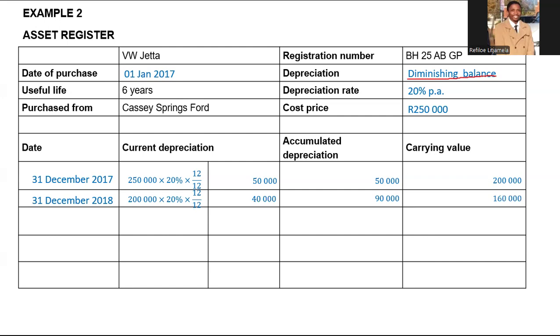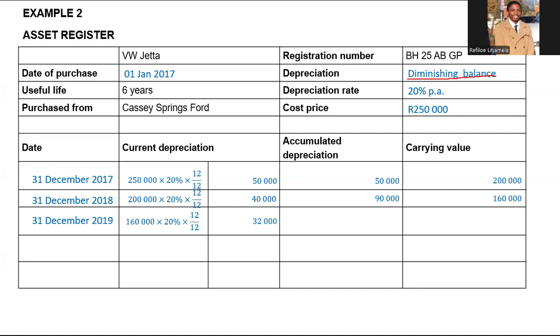For the next year, ended the 31st of December 2019, when I calculate depreciation, I am going to take last year's carrying value, which was that 160,000 Rand, multiplied by the depreciation rate of 20%, multiplied by 12 over 12. It'll give me depreciation for that year, which will be 32,000 Rand. You're going to take that 32,000 Rand for the current year depreciation and add it to the closing value of your accumulated depreciation of the previous year.